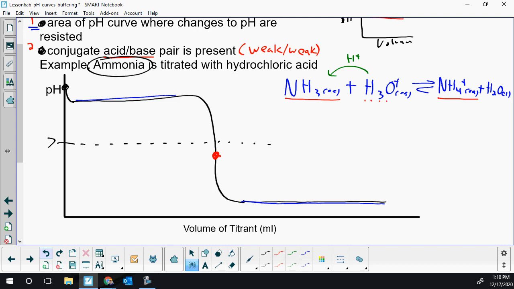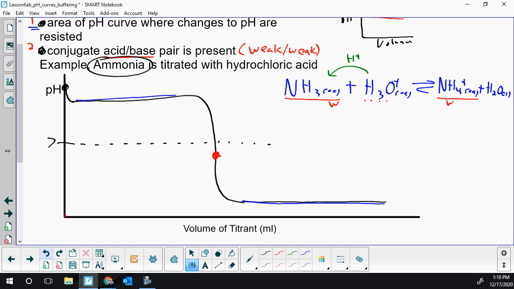And NH4, that's also weak. And that ammonia to ammonium, that's the only possible weak pairing I'd have. I can't use the H3O plus and the water pairing because one of them's strong.